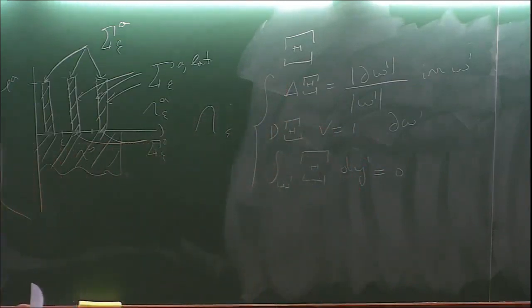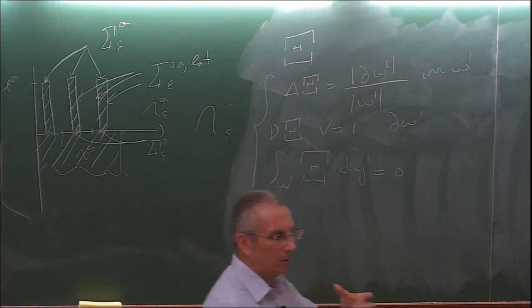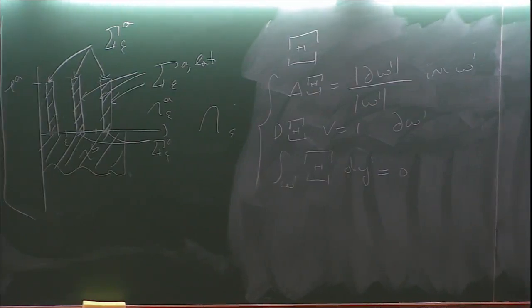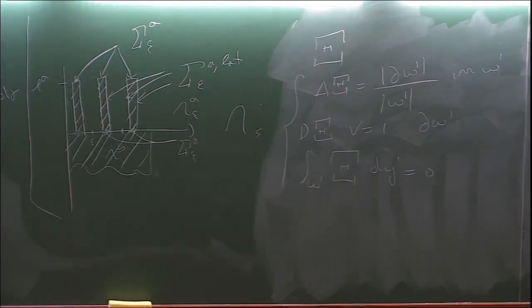Then you consider omega prime. I remind you, omega prime is in the unit cell, the cross section used to build the teeth. Then it is in dimension n-1. In omega prime you consider this problem.